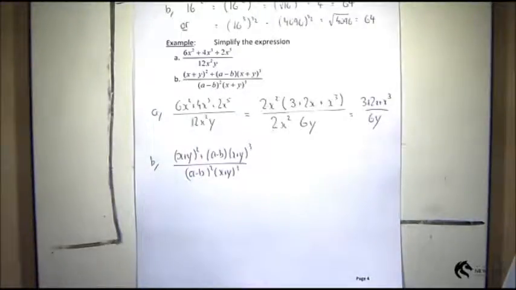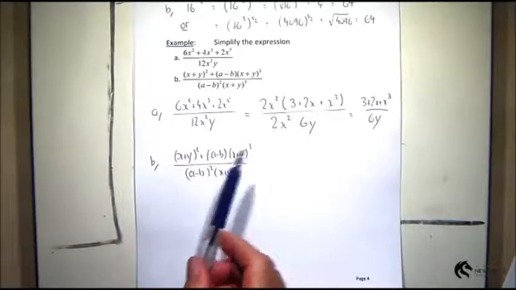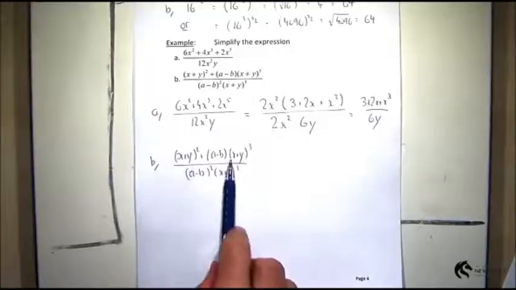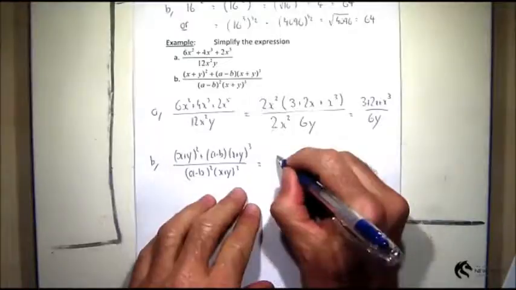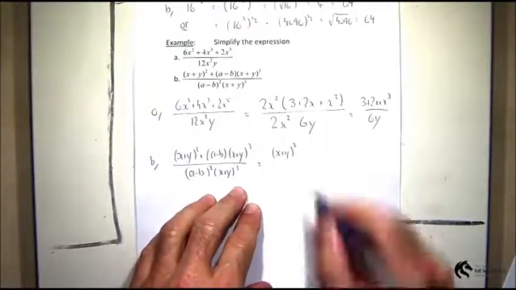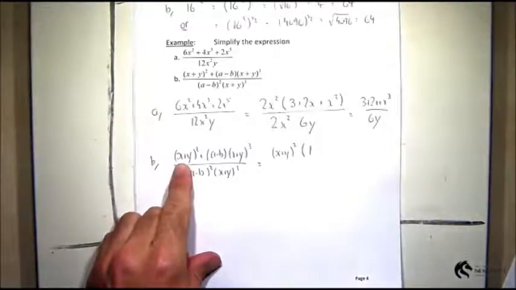However, in here we know we're going to use our laws of indices. And again, in the numerator, I'm going to recognise that (x plus y) squared is common to the first term and the second term. Here I have (x plus y) all squared, and what have I got to multiply it by to get (x plus y) all squared? The answer is just 1.